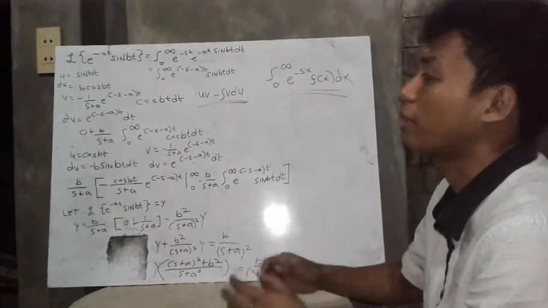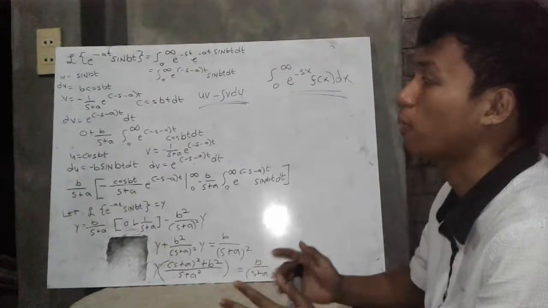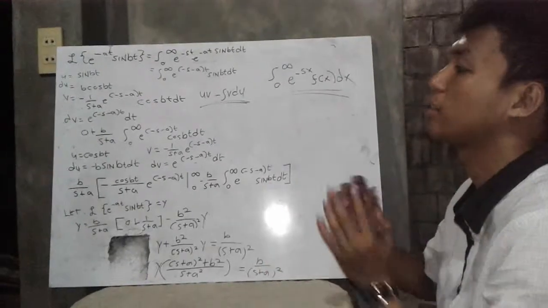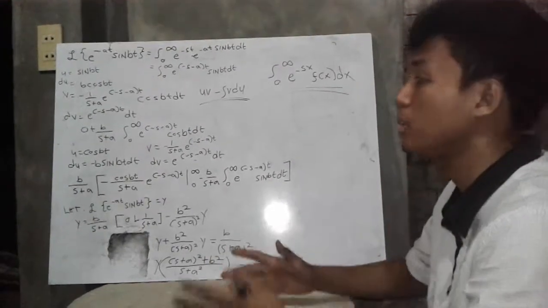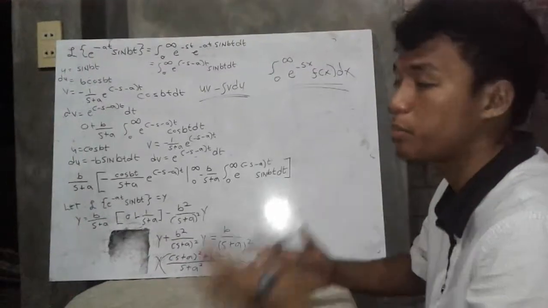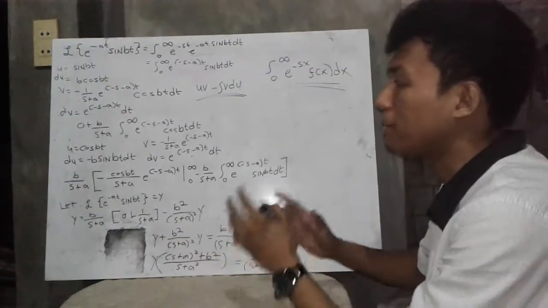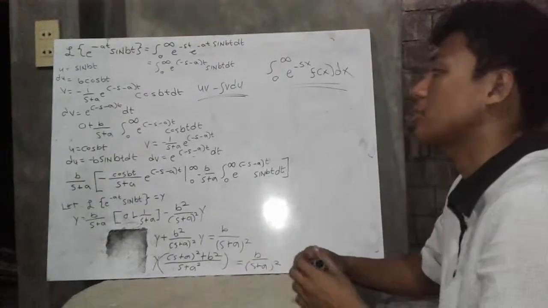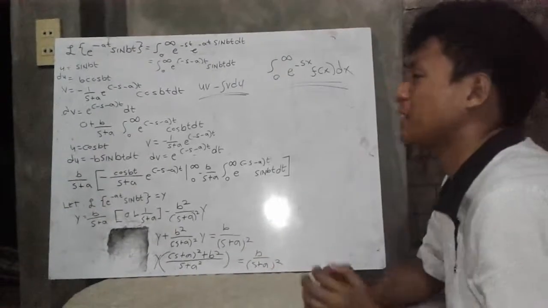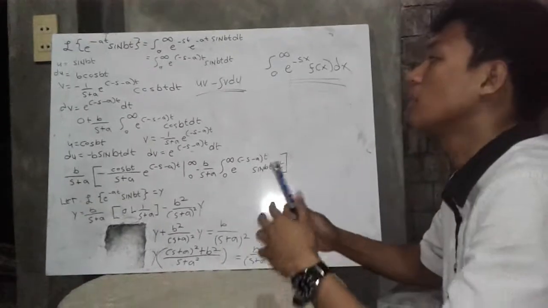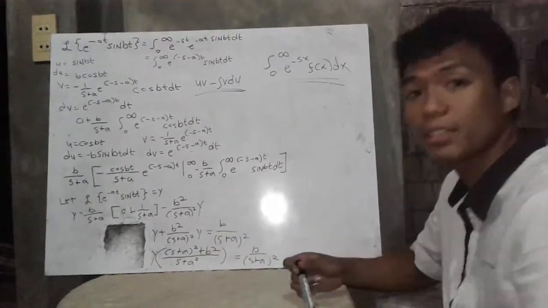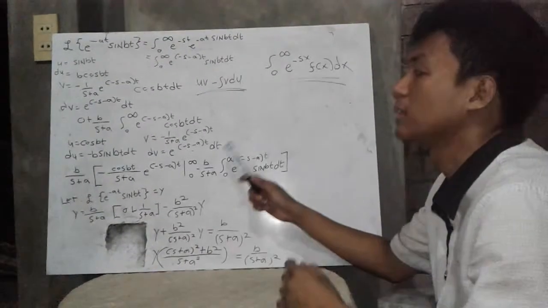So we have to find our u, du, v, and dv. For our u, we got cosine bt, and the derivative of cosine bt, which is du, we got negative b sine bt dt. For v, we got negative 1 over s plus a times e raised to negative s minus a times t. And our dv is equal to e raised to negative s minus a t dt.